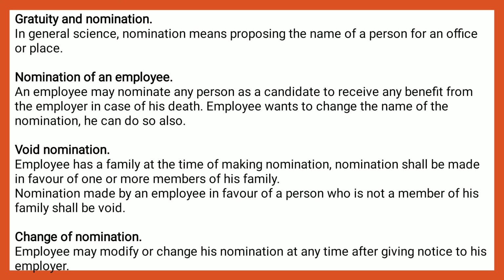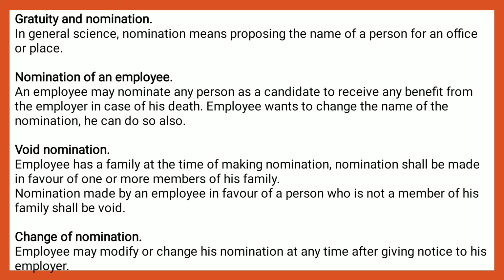Can an employee nominate any person who is not a member of his family? No, it is void. An employee cannot nominate any person who is not a family member. Now, what is the position of the gratuity amount if the nominee dies prior to the employee? In such a case, the interest of the nominee reverts back to the employee.